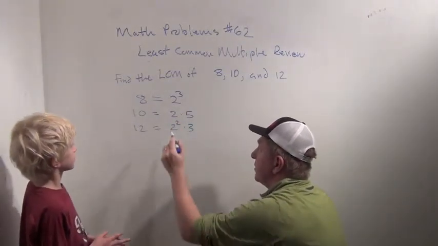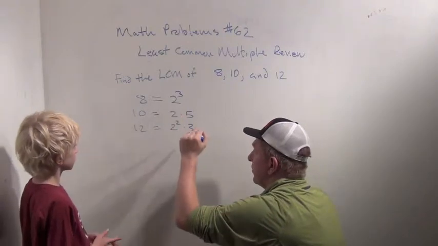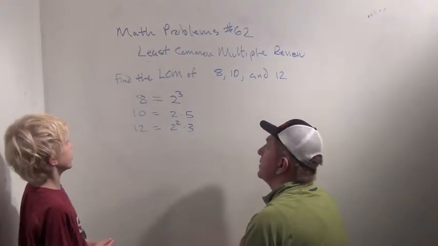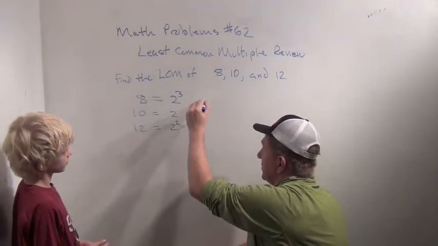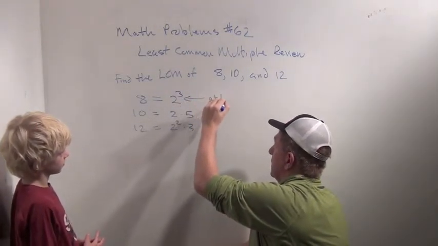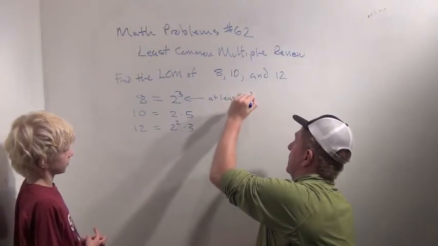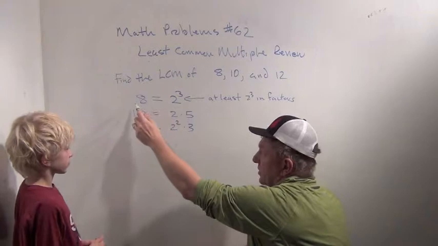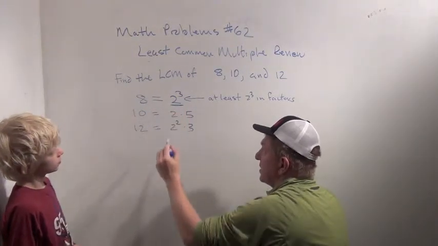Now, what does that mean about multiples of 8 and the way they're going to factor? Well, they're always going to have at least a 2 cubed in them. And all multiples of 8, 1 times 8, 2 times 8, they're definitely all going to at least have a 2 cubed.